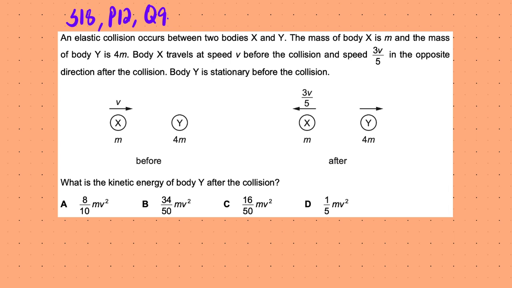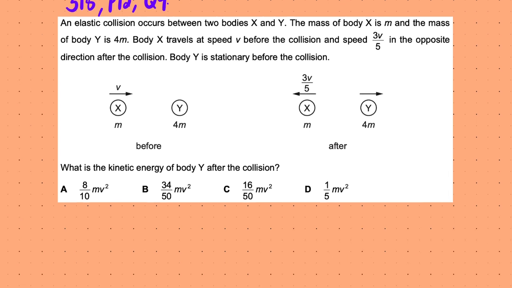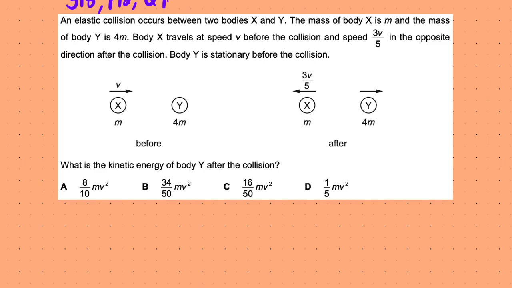All right. Now this is what we need to figure out. If this is an elastic collision, then I know kinetic energy would be conserved. Before the collision, this is at rest. So I can use conservation of kinetic energy for elastic collisions. Kinetic energy before equals the kinetic energy after.